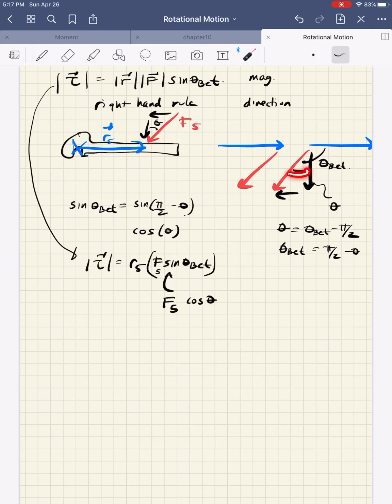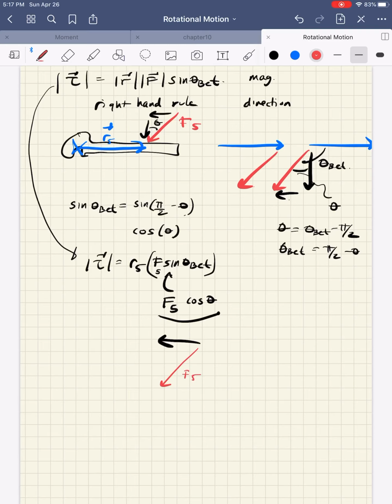Again, theta is here, here, and here. And the cosine of theta component is given by this one right here. This is the sine of theta. So F5 cosine of theta is literally picking out this component.